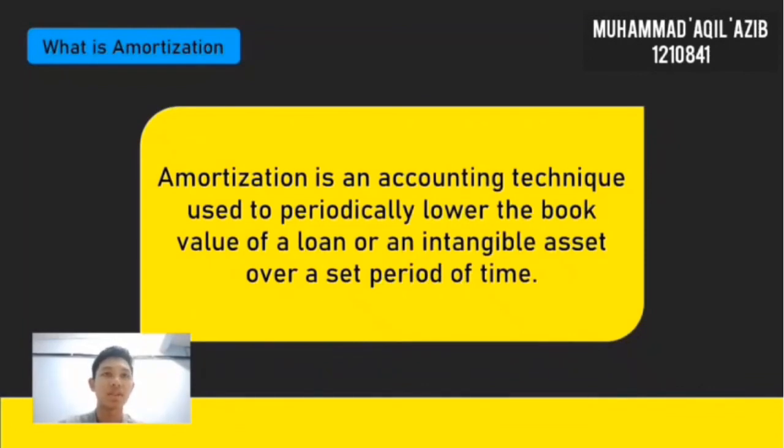Second, amortization can also refer to the spreading out of capital expenses related to intangible assets over a specific duration, usually over the asset's useful life for accounting and tax purposes. But today, I'm going to show you how to calculate for the first situation, which is the process of paying off debt.